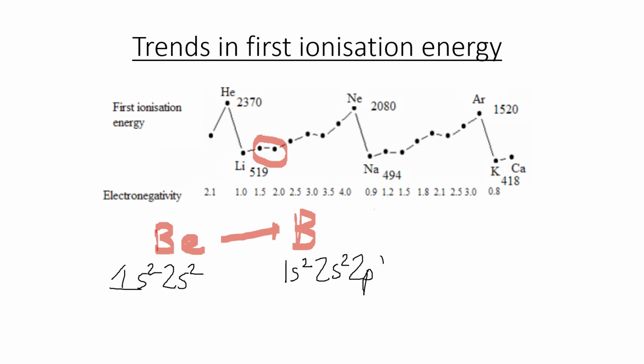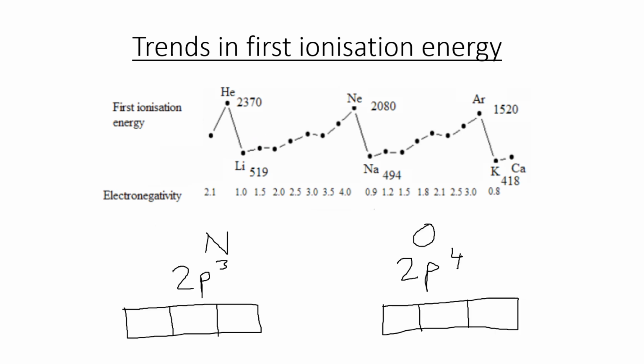And that's the reason, really. This 2p electron is ever so slightly further from the nucleus compared to the 2s orbital, so it's further out, so the nucleus has less of a hold. And the 2p orbital is higher in energy as well. And if it's higher in energy, that makes it slightly easier to remove, hence why the first ionization energy drops a little bit.